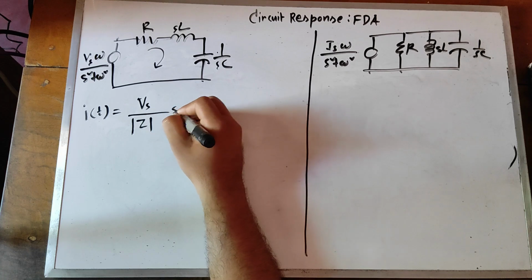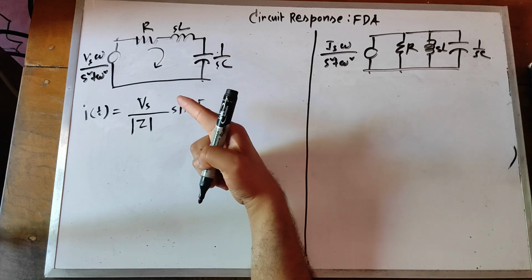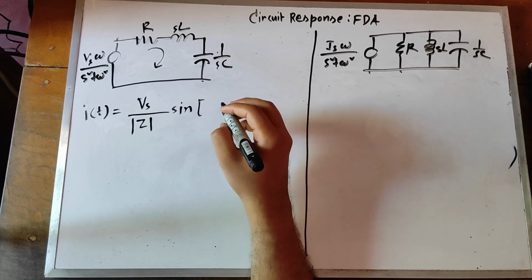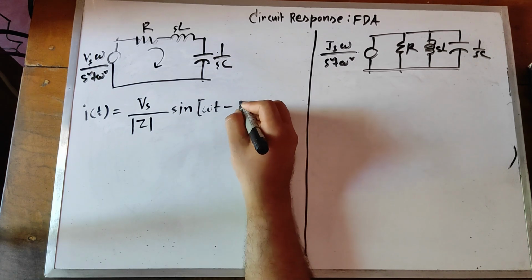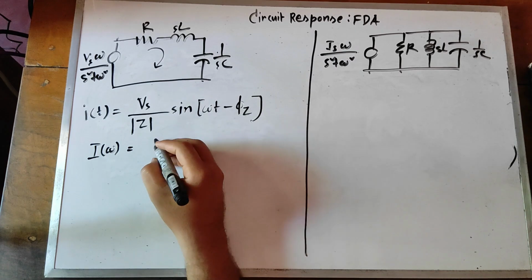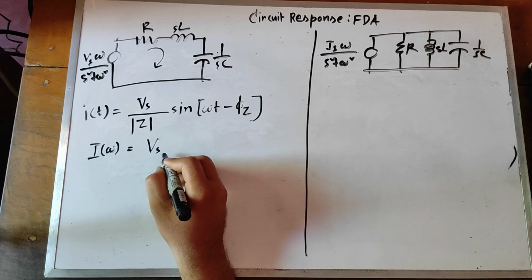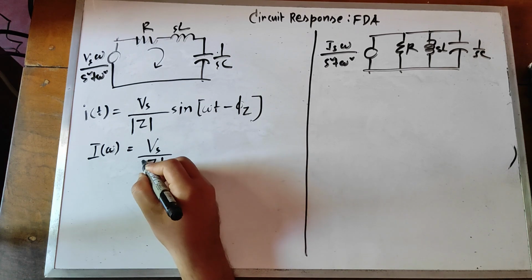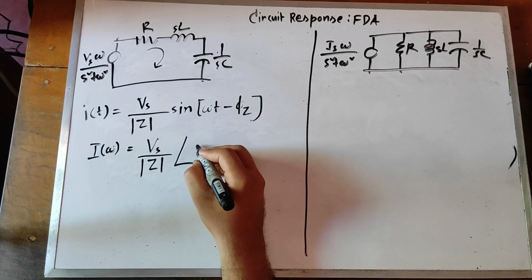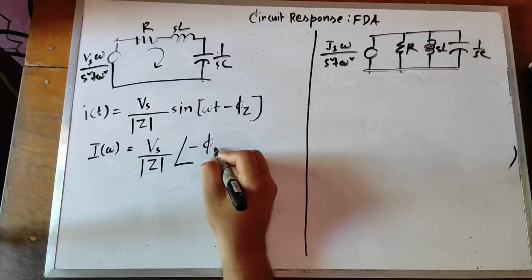I am not concerned with the transient introduced by the input and the transient for the initial stored voltage and current. So this is only the steady state part, and in time domain it will be Vs by Z minus phi Z.